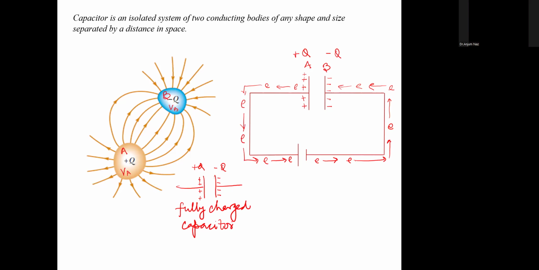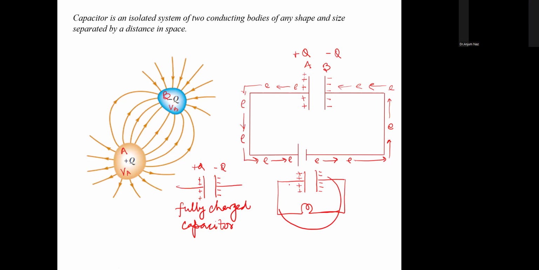Now what happens if we connect this charged capacitor, having charge plus Q and minus Q? These electrons get a path and they transfer from plate B to plate A, and suddenly the capacitor gets discharged.